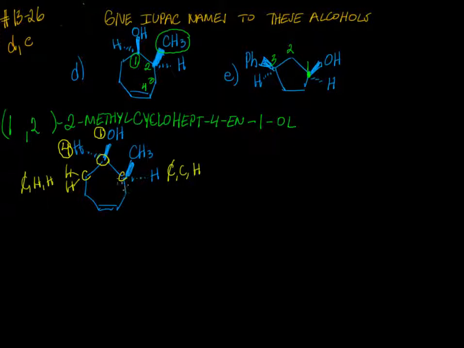So this substituent on the right, which is part of the ring, is priority 2, and this carbon here is priority 3. All right, the lightest substituent is pointing back, so we just look to see if we're going in a clockwise fashion. Clockwise, think about a car turning right, is R. So in the name here, we would put 1R.